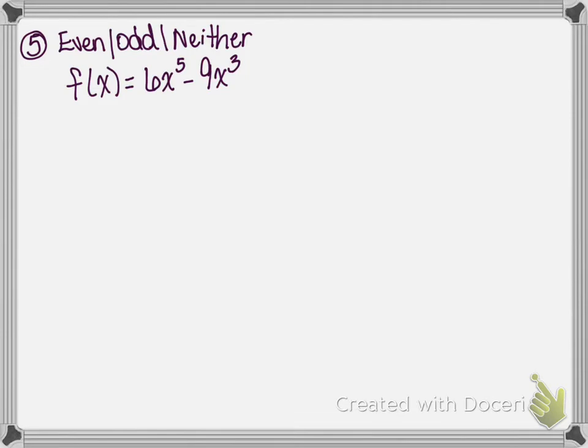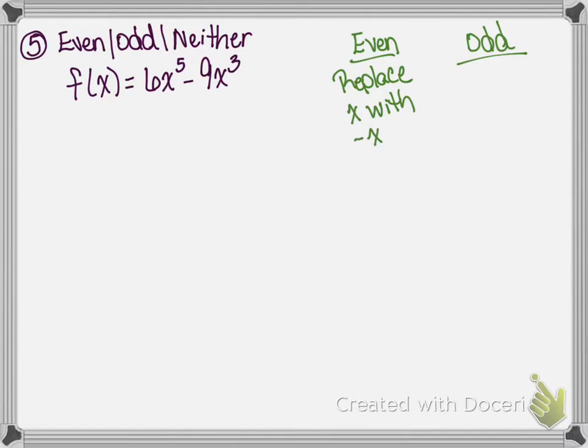So we are determining if a function is even or odd or neither. Now, if something is even, we replace x with negative x, because we're testing to see if it's symmetrical to the y-axis.